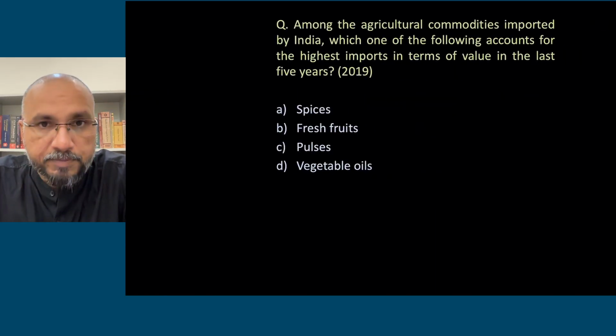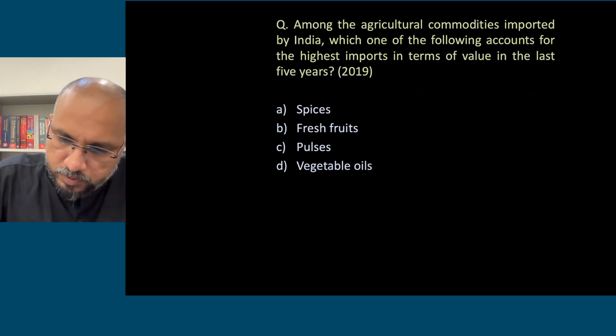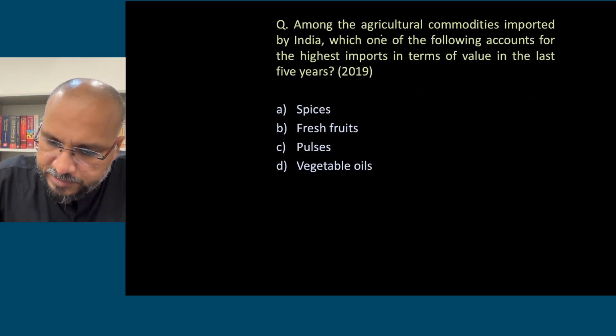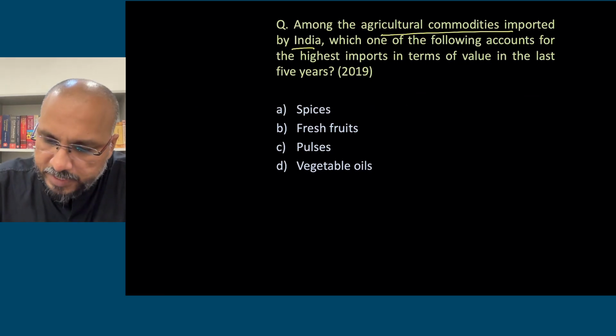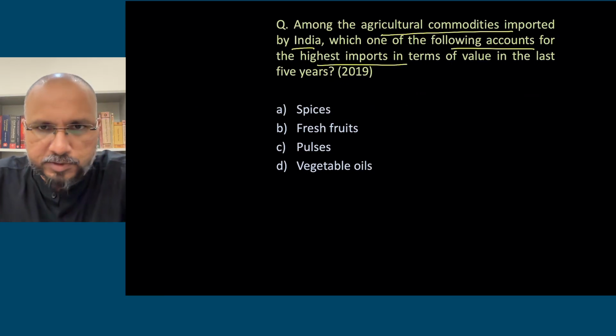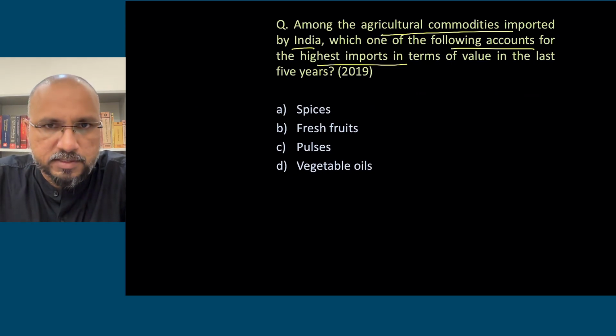So for example, in the UPSC prelims in 2019, there was a question. The question was, among the agricultural commodities imported by India, which one of the following accounts for the highest in terms of value? So in terms of rupees or dollars, which was highest? The answer is vegetable oils.